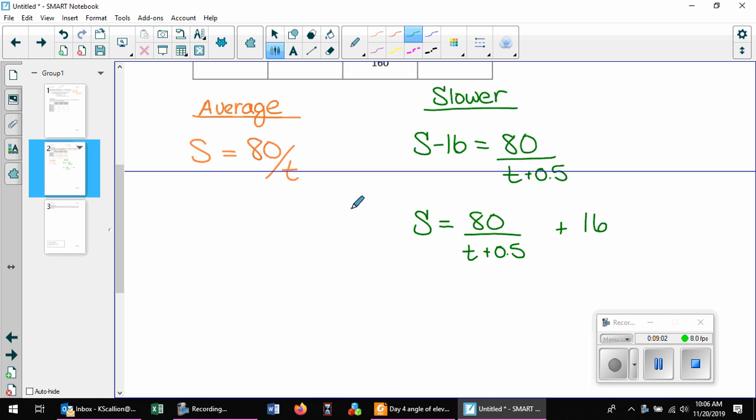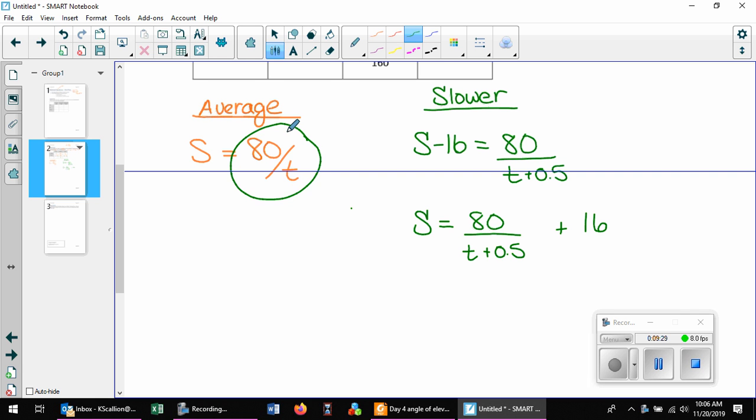Okay. All right, okay. So what we've said mathematically is we've said 80 over T is equal to S. You're saying those things are exactly the same thing, right? That's what that equation is saying. You're also saying that S is equal to 80 over T plus 0.5 plus 16. So you're saying that these things are equivalent.